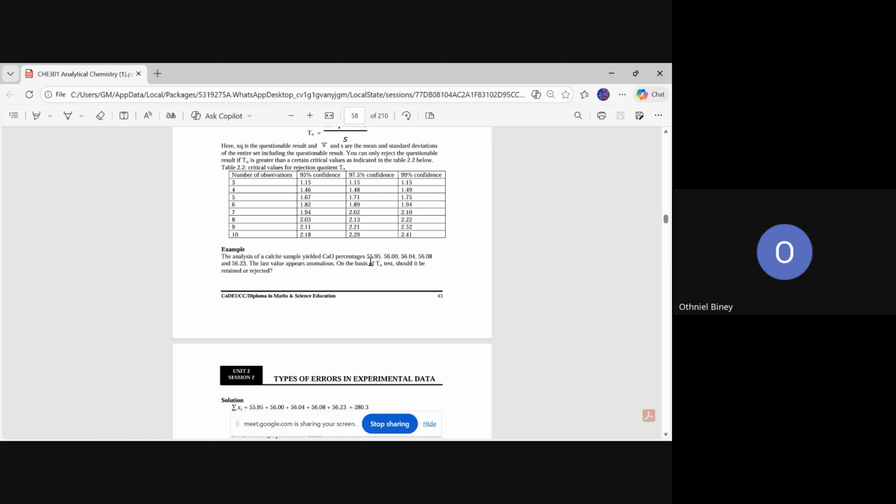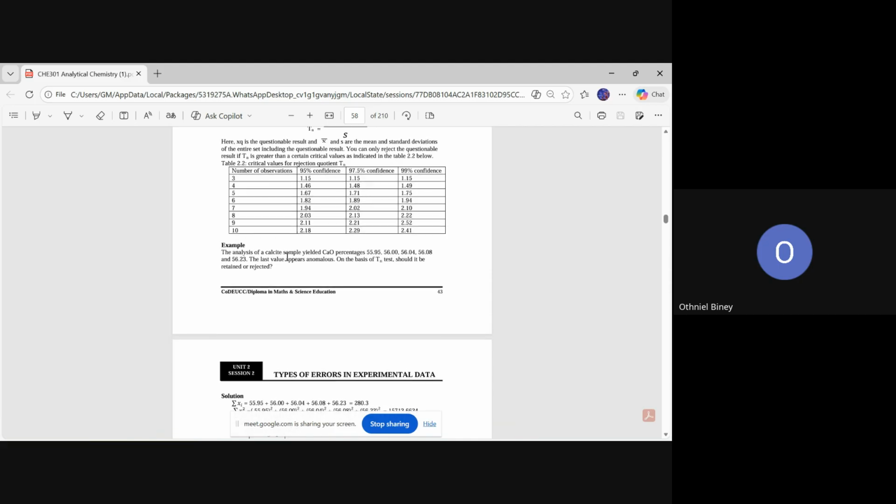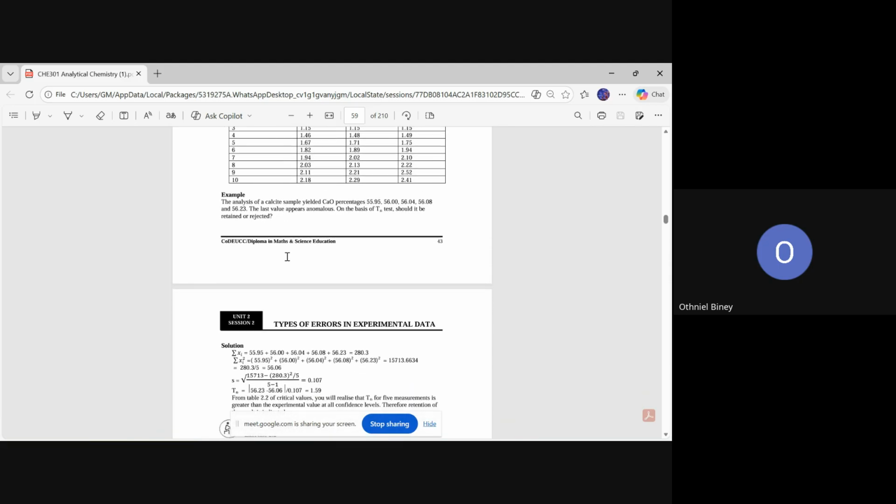In the same way, the odd value, the one we would throw into question, is 56.23, because the difference between 56.23 and the rest is quite huge. But unlike the Q test, you're not going to find the difference between that value and the closest value to it.